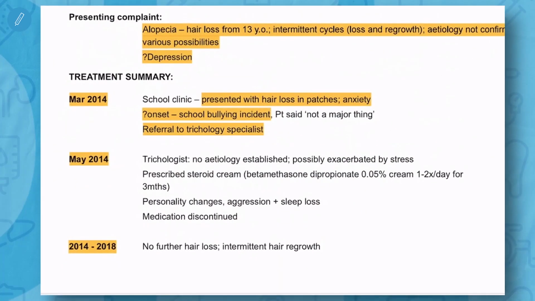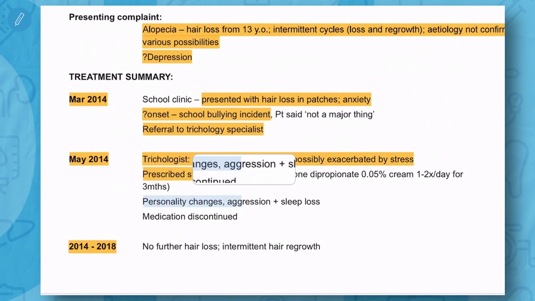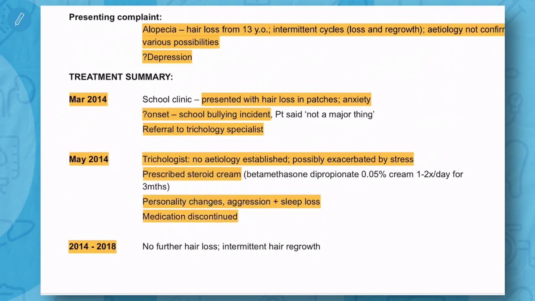In May 2014, we can see the trichologist's report that no etiology was established and the condition is possibly exacerbated by stress. I noticed that a steroid cream was prescribed, but that it caused personality changes, aggression and sleep loss, and so the medication was discontinued. Between 2014 and 2018, there was no further hair loss and intermittent hair regrowth.